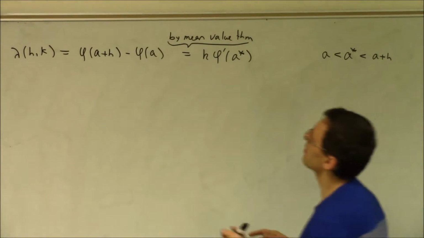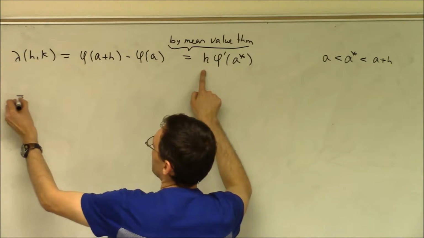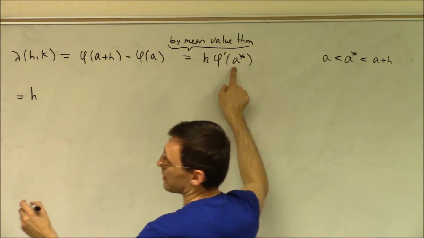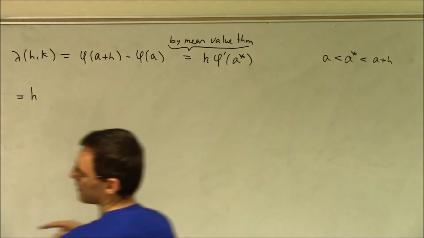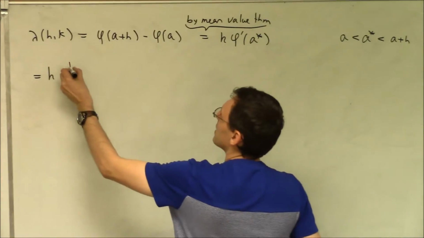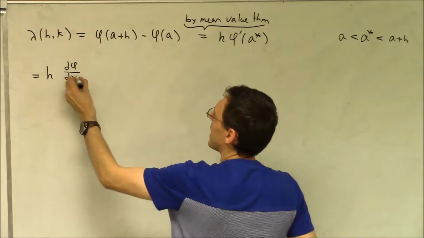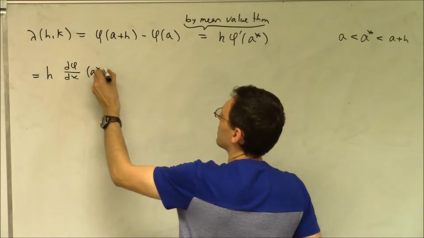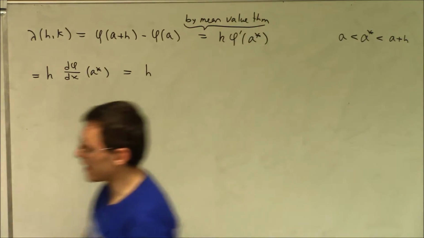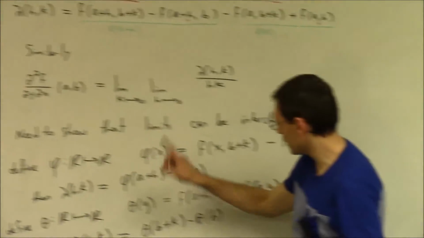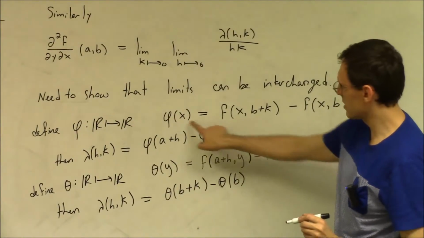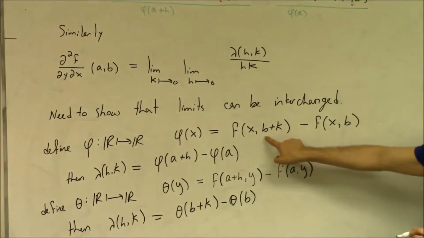Now, what exactly is this? Let me just expand this. This is h times the derivative with respect to x. This is really h times d phi dx at the value a star. It's the derivative of this function with respect to x.